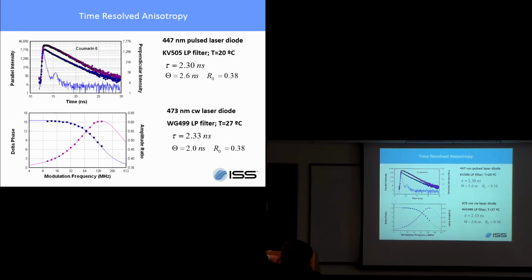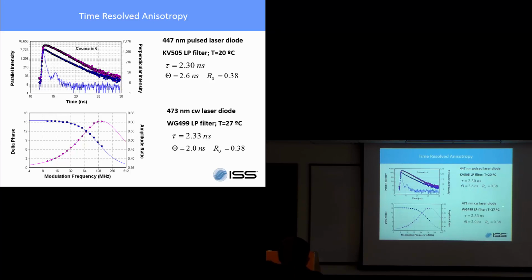This is a rotational correlation time, so the technique can also be used for big molecules to study how they rotate in solution. This is an example of a coumarin 6, where there is a rotational correlation time of 2.6 nanoseconds.